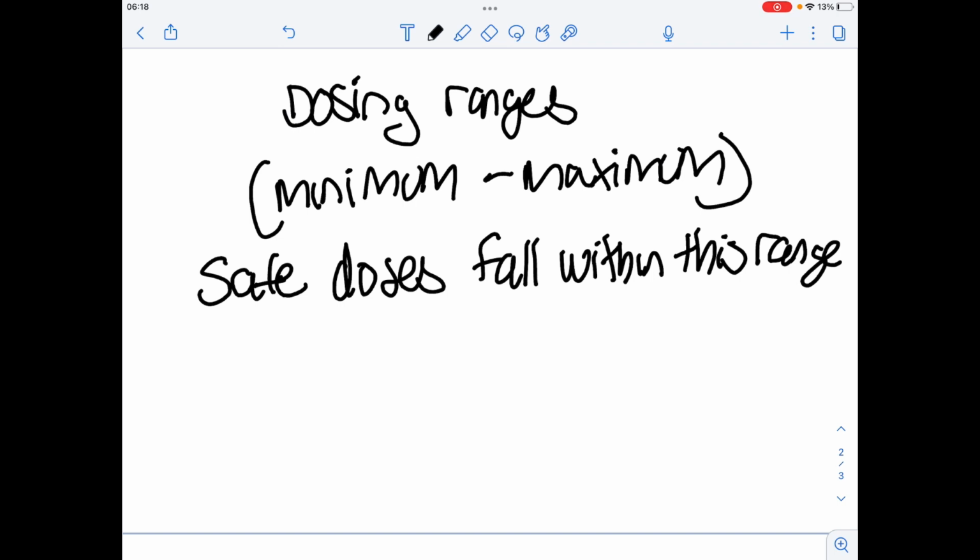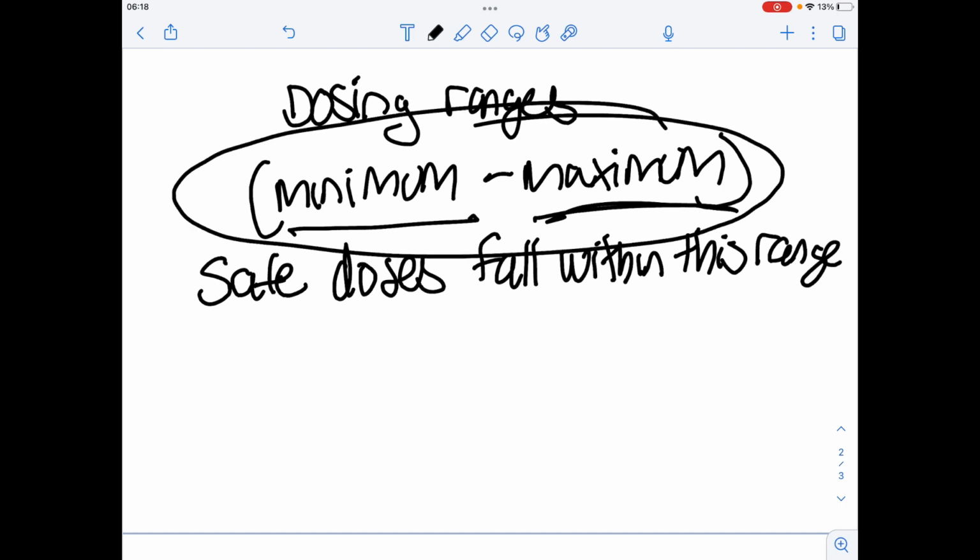But at a certain amount, the medication can become toxic. So there's a very small window in which the medication is helpful and harmful. So the minimum amount you need to give and the maximum amount you can give. And if you're given a dosing range, then you need to make sure that the amount that you're giving the patient falls within this range.